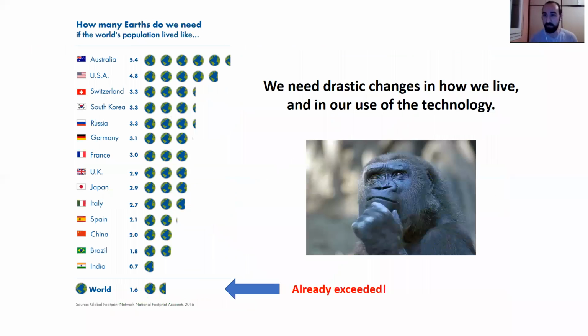But here is the thing. These figures are given per capita, per person.